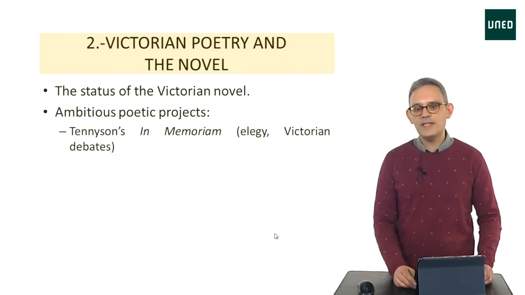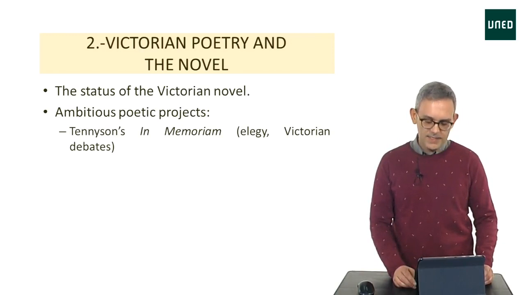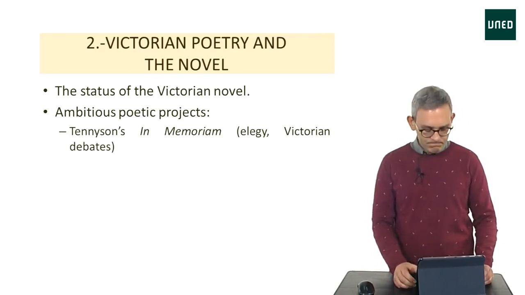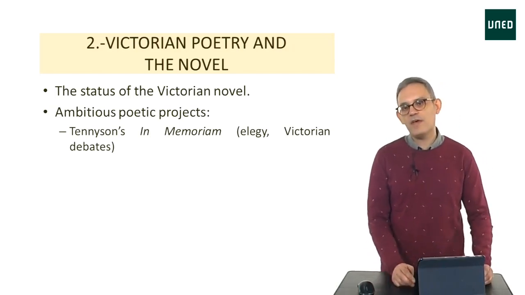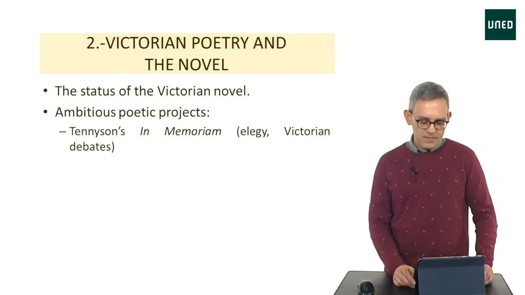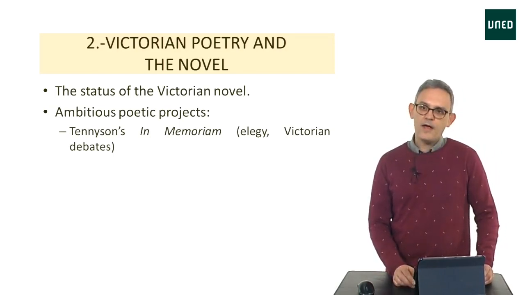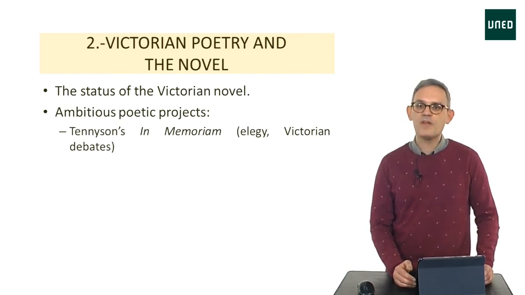The first one is Tennyson's In Memoriam, which was an elegy dedicated to his deceased friend Arthur Hallam. It deals poetically with bereavement, as any elegy would do, but at the same time it also deals with a variety of other topics at the center of Victorian debate.